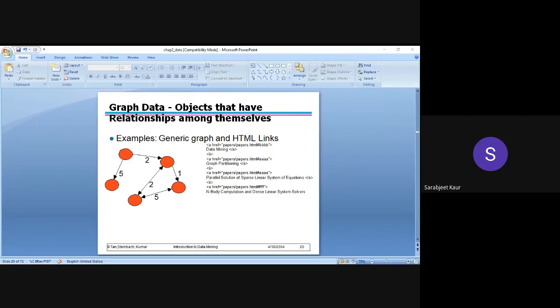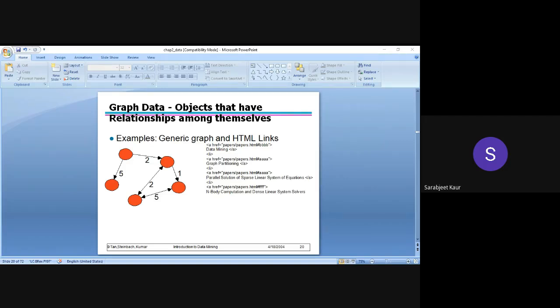Okay, and the weight of these arrows may represent how many posts which were posted by this person were liked by this person. Okay, so he liked two posts of this person, or he liked five posts of this person, right? So things like this.